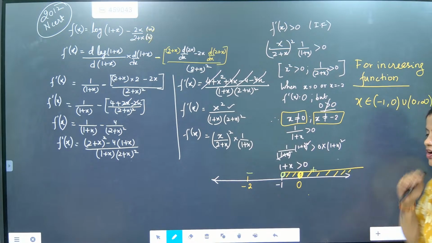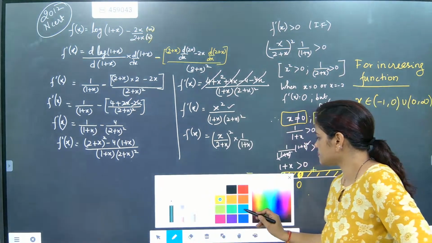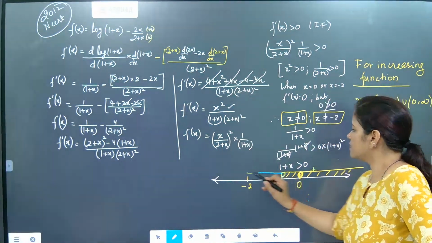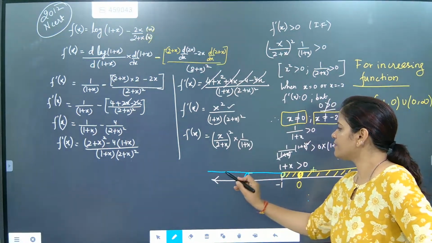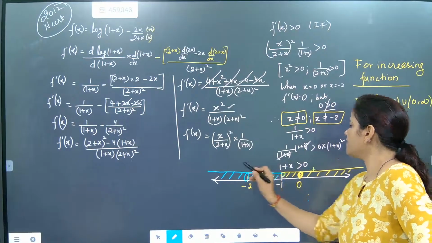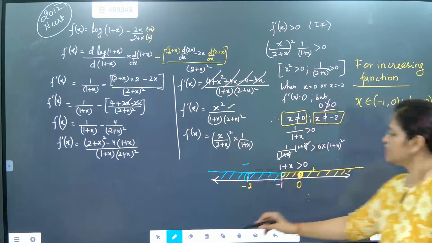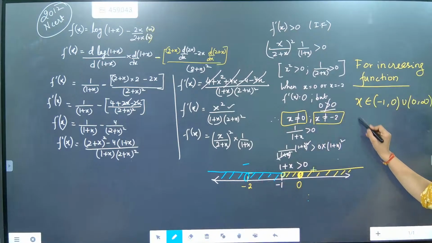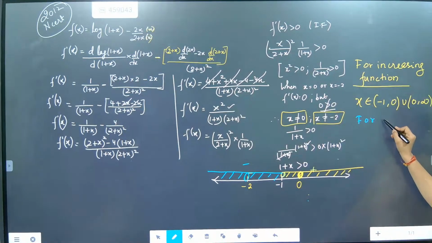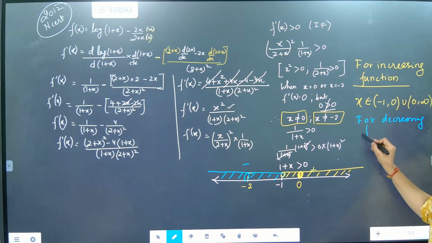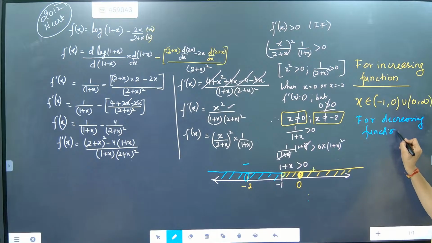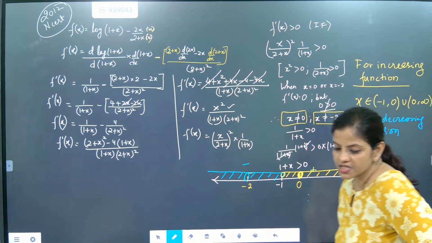And for the decreasing function, beta, what is our break point? And this is the decreasing part. But trigonometry and modulus questions are still left.